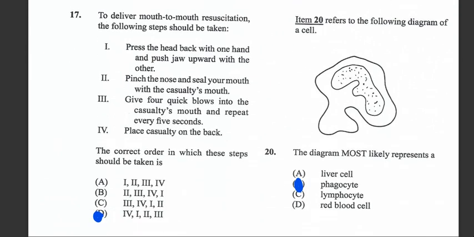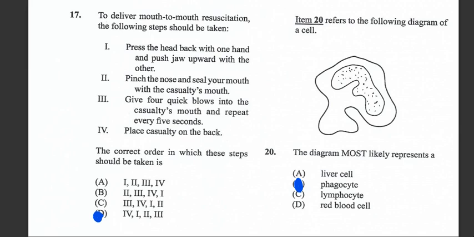And number 17 says to deliver mouth-to-mouth resuscitation, the following steps should be taken. We are talking about the correct order in which they should be taken. So we place the casualty on their back.